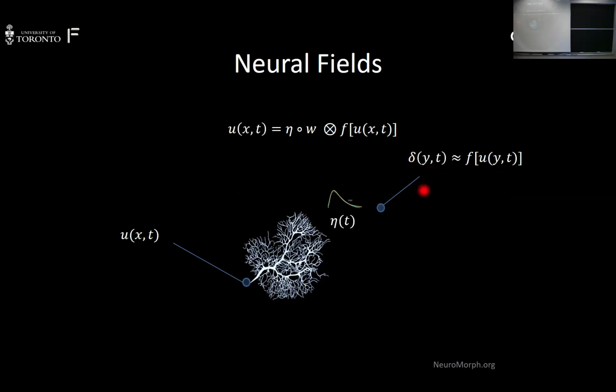And then we have some other point in space. So we have two points in space, X and Y. What we're going to say is that the activity at X at a certain time is going to be a spatiotemporal convolution where we have this F, which is our temporal firing rate function.